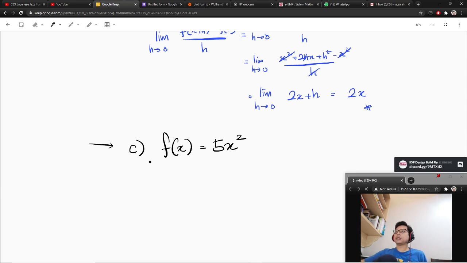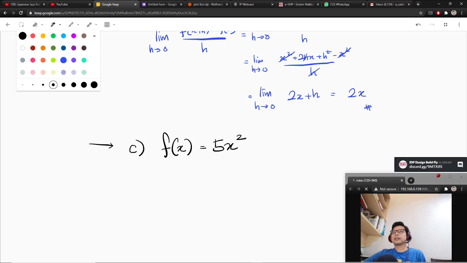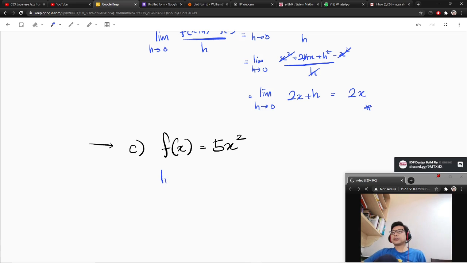Your answer should be the limit as h approaches 0, and it should be 10x.